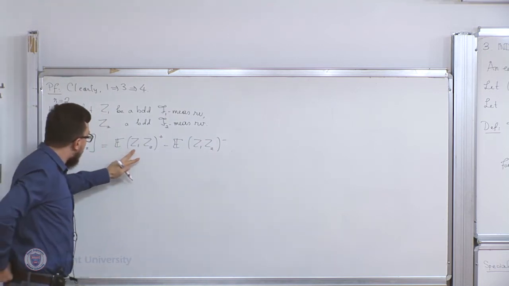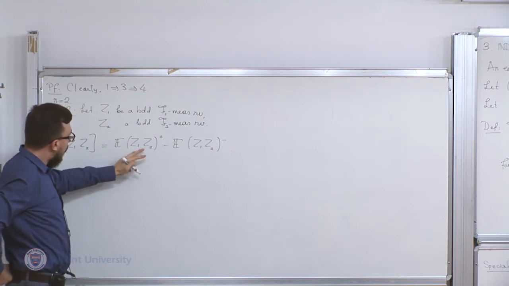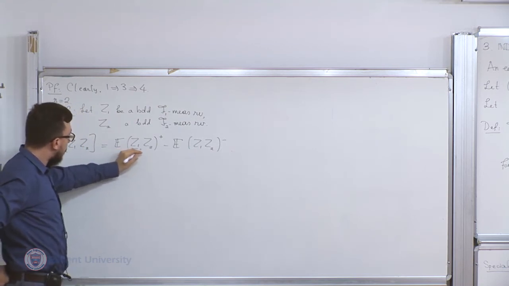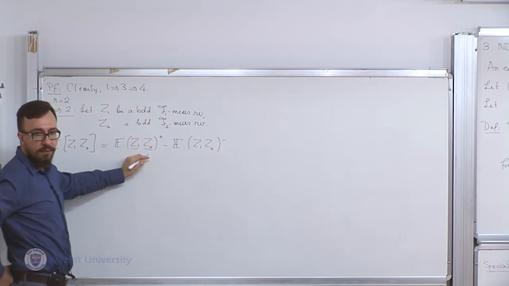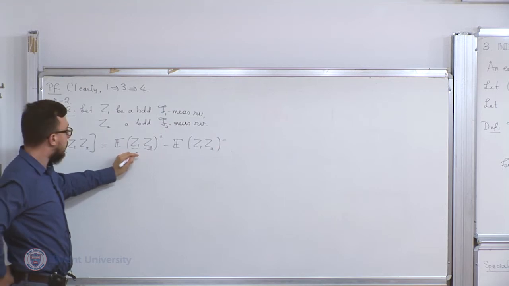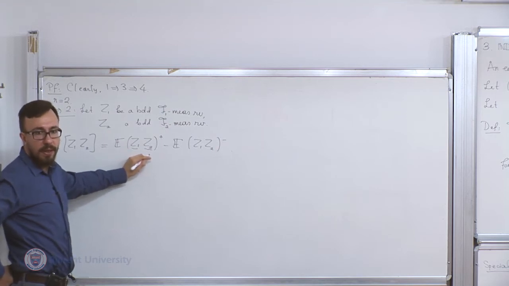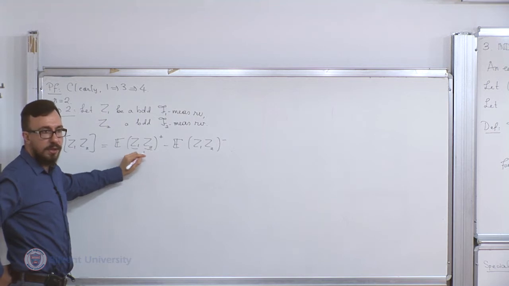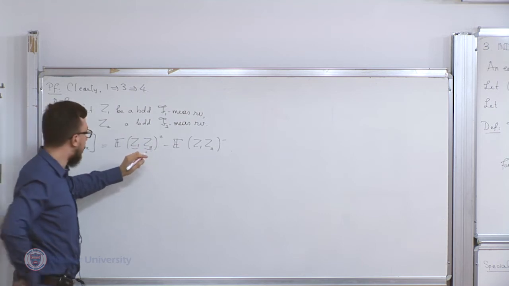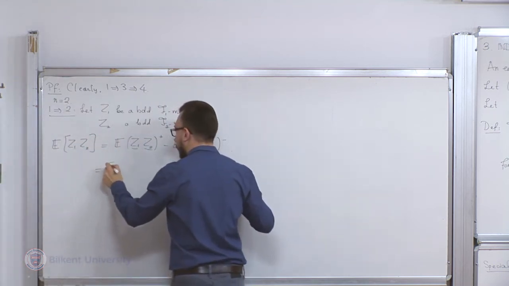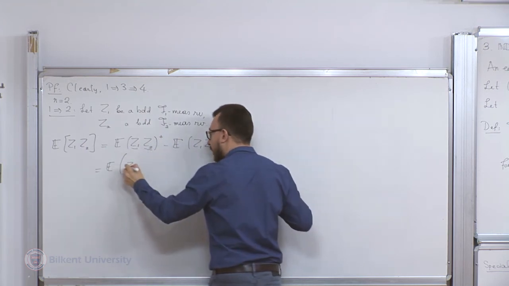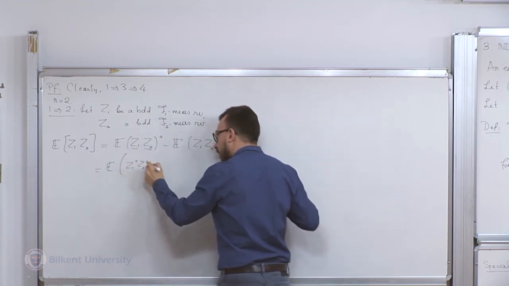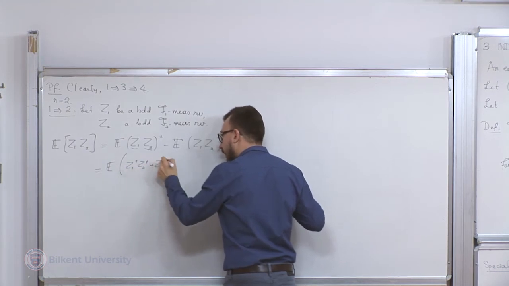Now, what is the positive part of Z1 Z2? Well, we have to look at the signs of Z1 and Z2, right? When is the product of two numbers positive? Both are positive or both are negative. So this means we can write the positive part of Z1 Z2 as the positive parts multiplied, or the negative parts multiplied.